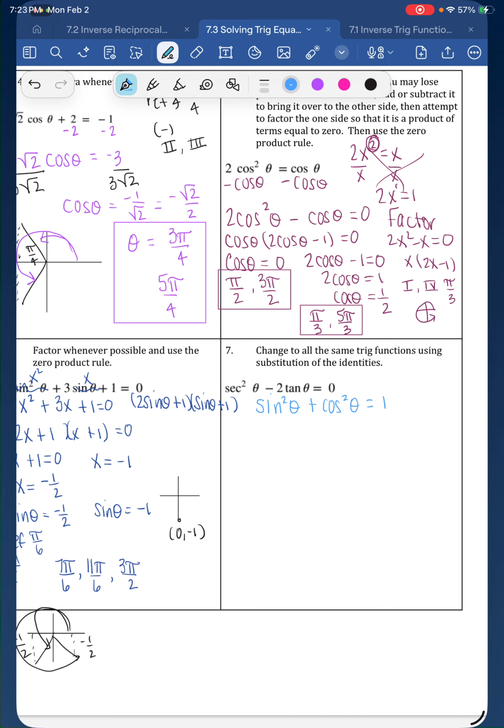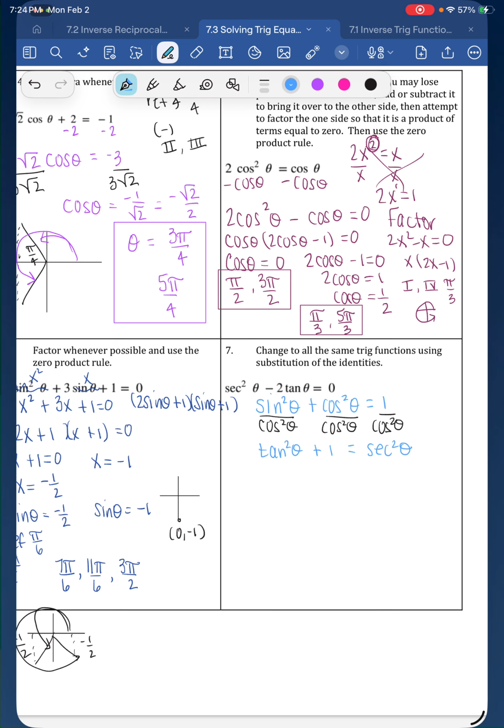There is a variation of this function that says if we were to divide everything by cosine squared, that would yield tangent squared plus 1 equals secant squared.